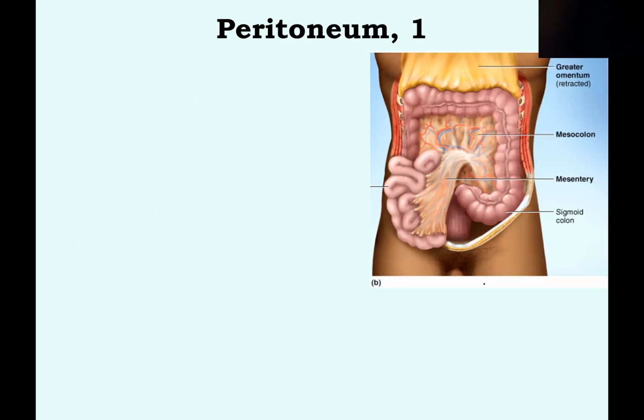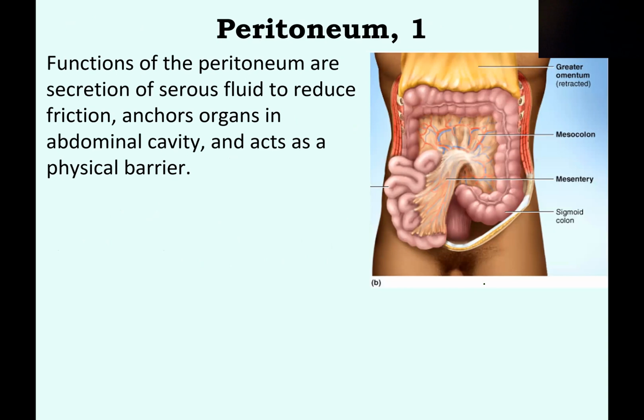The peritoneum, like the pleura and the pericardium, is going to have 3 functions and 3 components. So again, it's going to secrete serous fluid. That would be 1, to reduce friction so it doesn't rub around, causing damage.